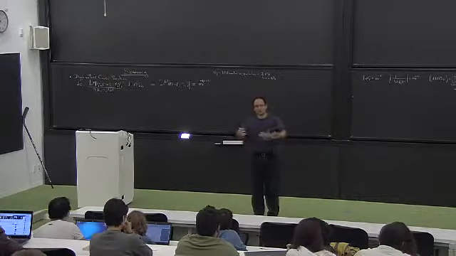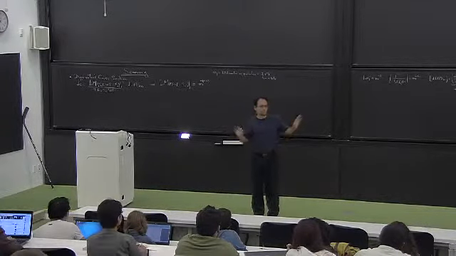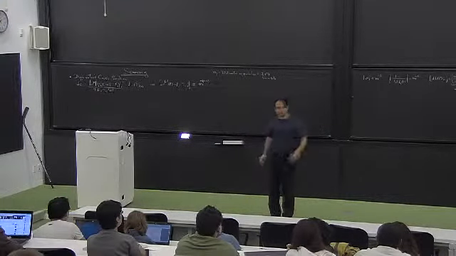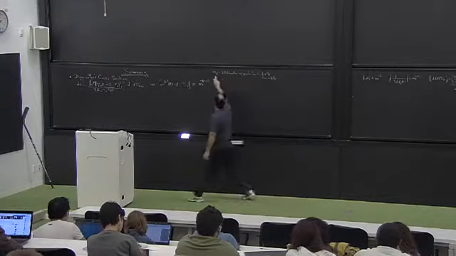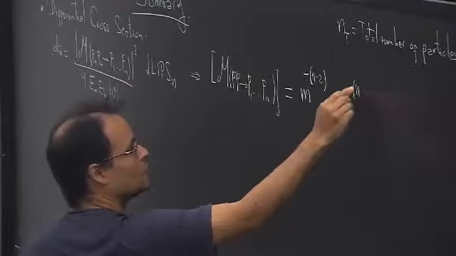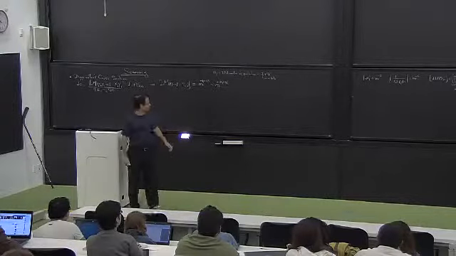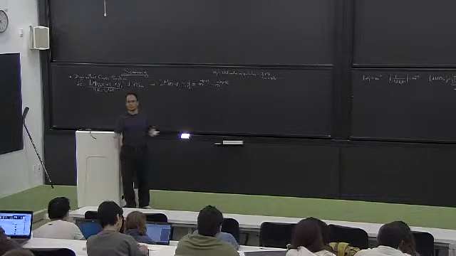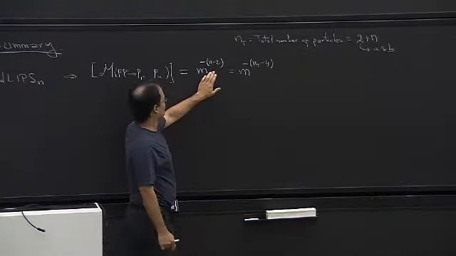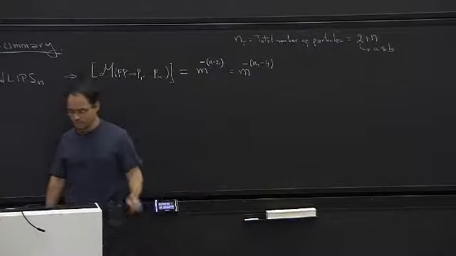Because due to crossing, who is incoming and who is outgoing is also up to us somehow, right? So it's better to talk about the total number of particles involved in the process, okay? So according to this, if we plug that in here, we get that M has dimensions of mass to the total number of particles minus 4, okay? Very good. So that's probably what you got, right? You all did the exercise, and you got this. You didn't have a motivation to define this, but this is the new part that I'm adding. Okay.